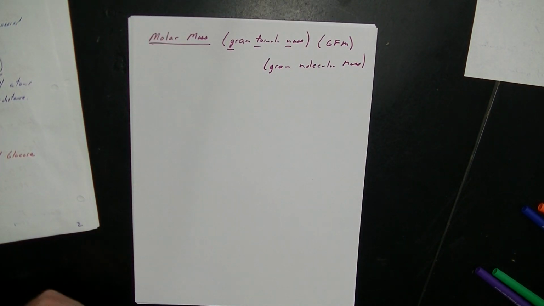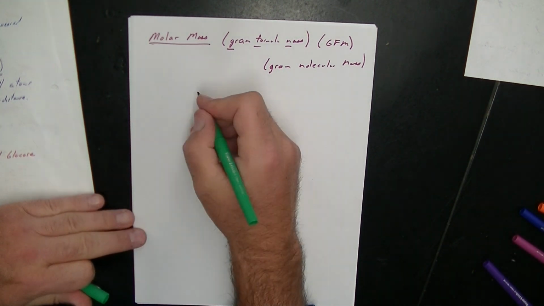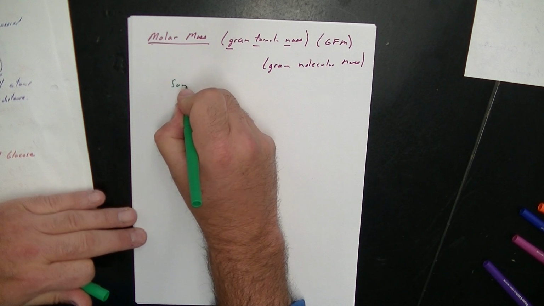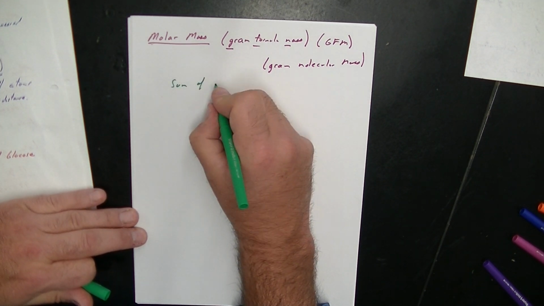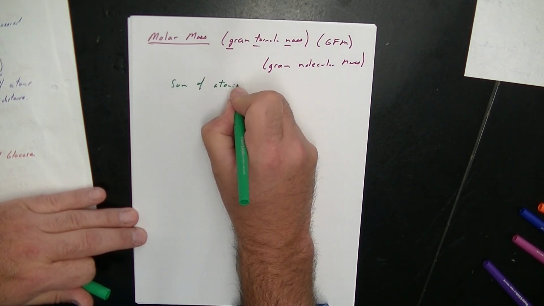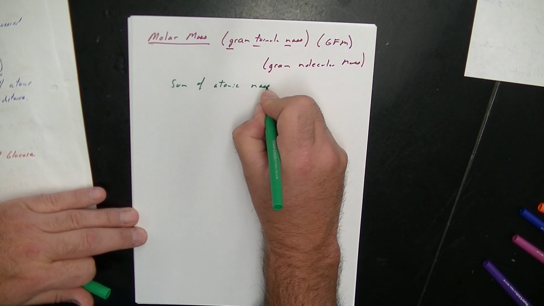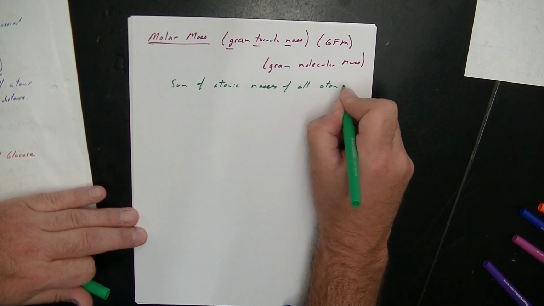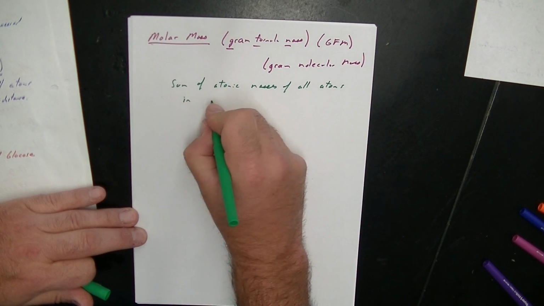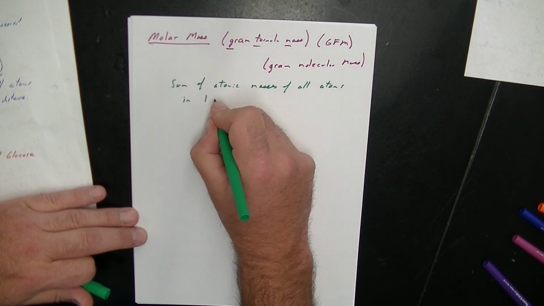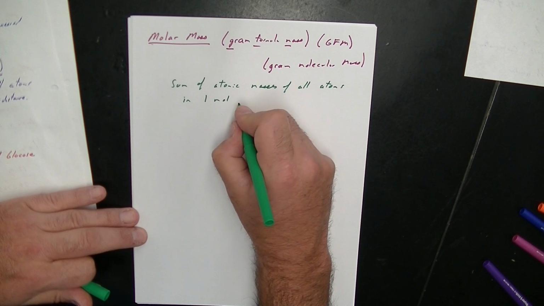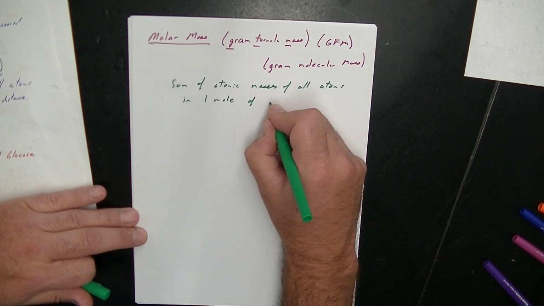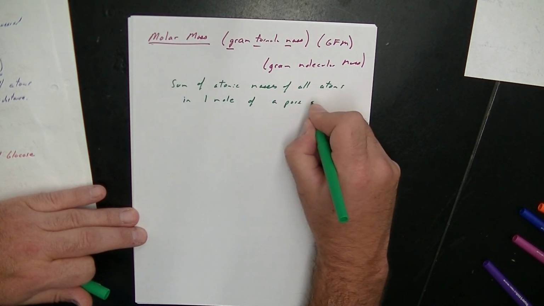Now, what is the molar mass? Well, the molar mass is the sum of atomic masses of all atoms in 1 mole of a pure substance.